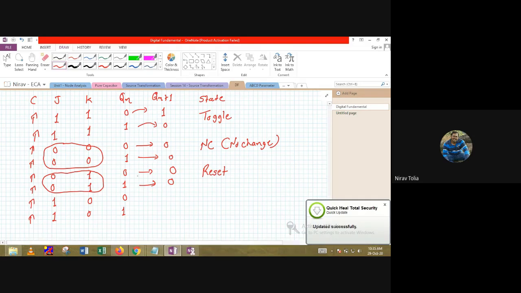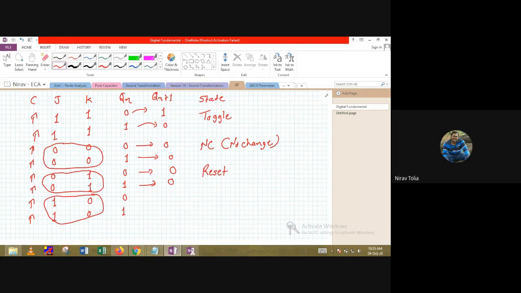And if my J is 1 and my K is 0, then whether my Qn is 0 or 1, the output is 1.